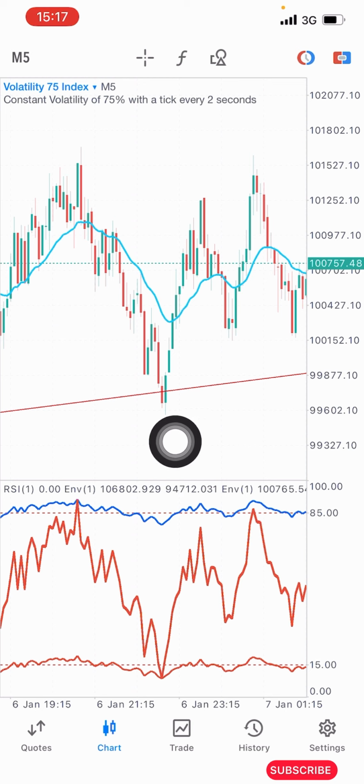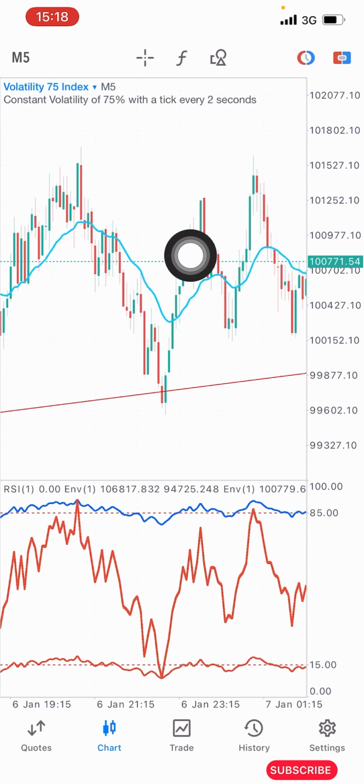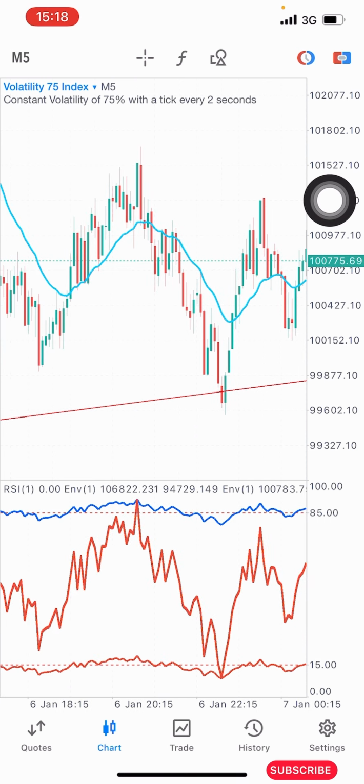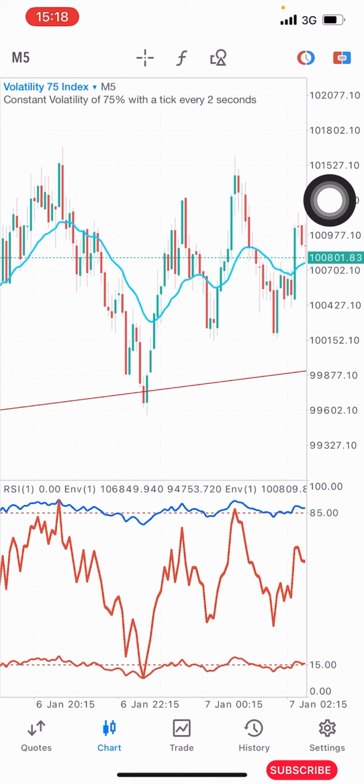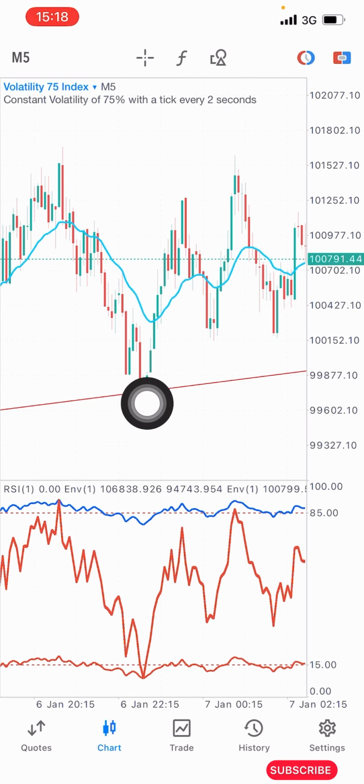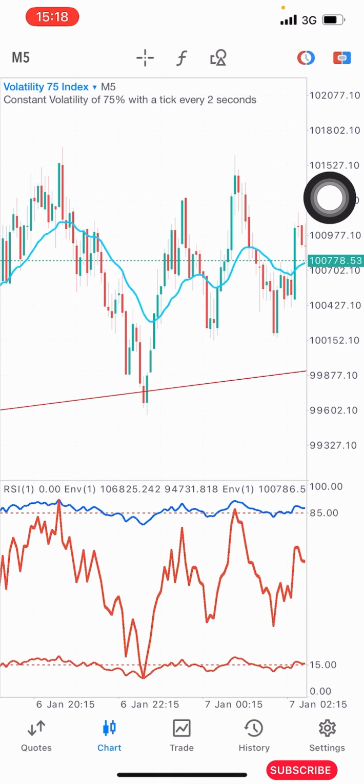Once this condition was met, you wait for the candlestick pattern to be formed. Immediately it happens, price must certainly go up. It's a must. Let's say you notice this and you took some entry here, from here to this area is a very good profit for you.